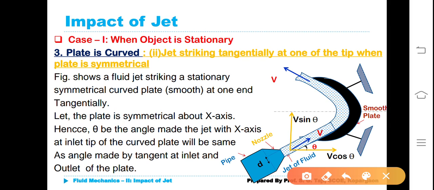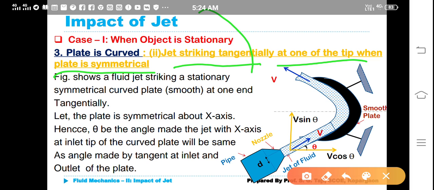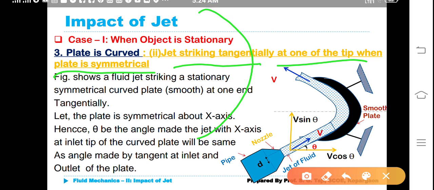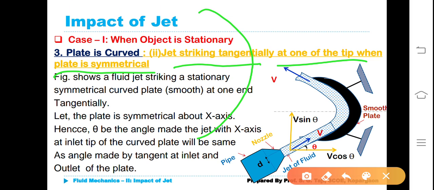Now, as I have already said, jet striking tangentially at one of the tips when the plate is symmetrical. That is also important, symmetrical. The jet will strike the blade tangentially at one of the tips, either top tip or bottom tip, any one.